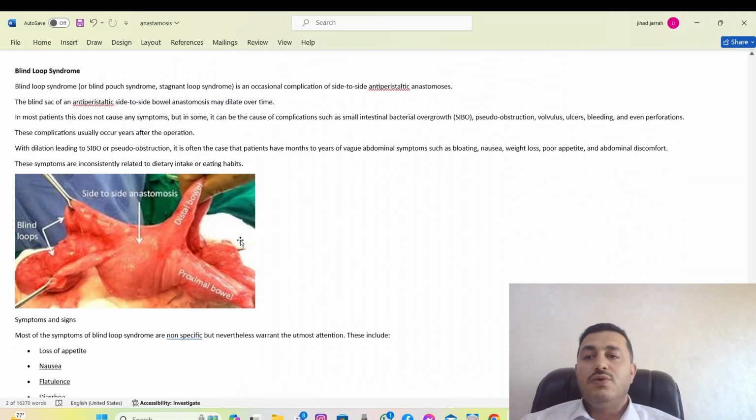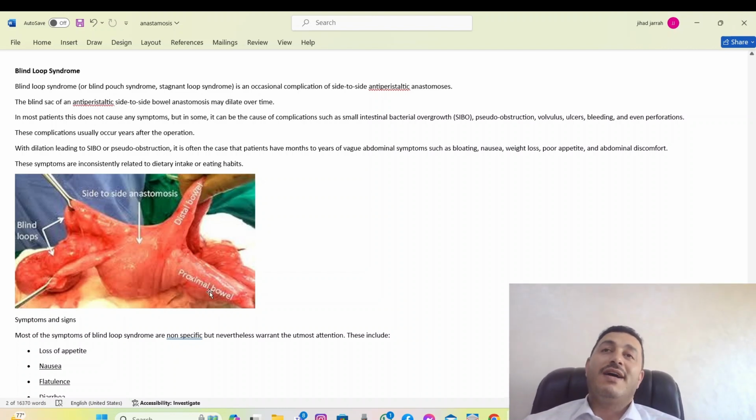Okay, blind loop syndrome, one of the complications of the anastomosis. If we are talking again about lower GI, because most of them I was familiar with when I studied the upper GI anastomosis or the upper GI surgeries.